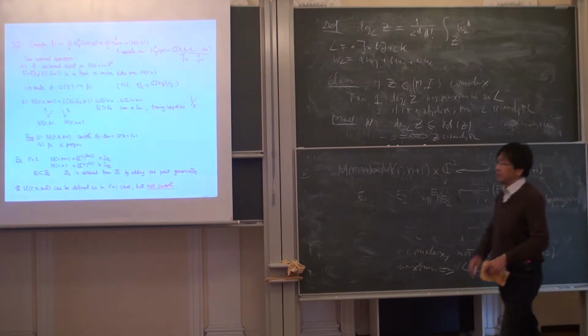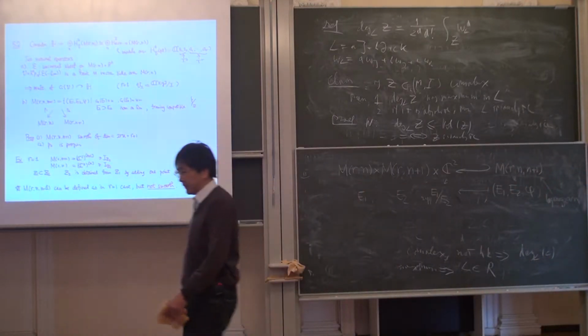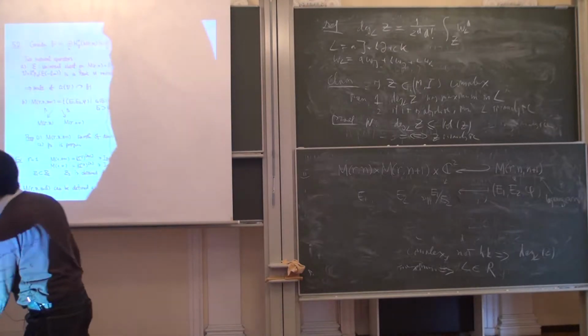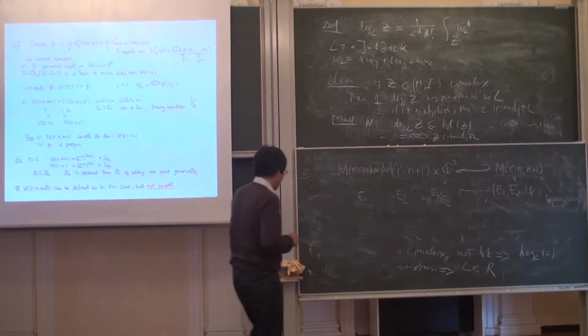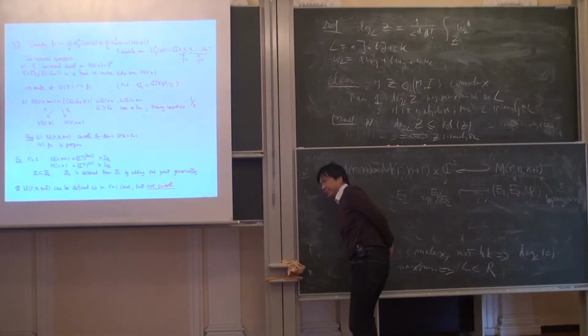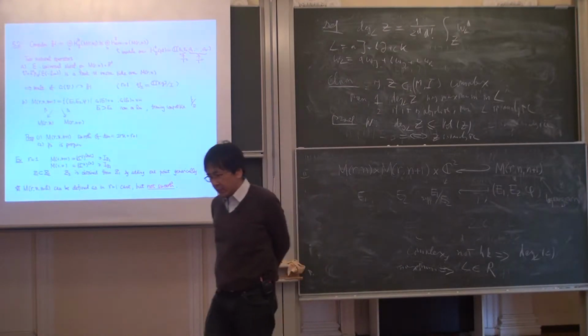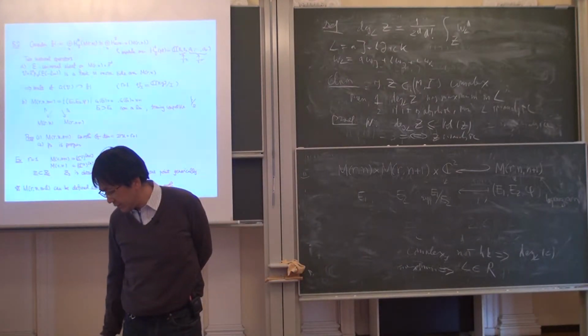So this is a very natural operator from this point of view. But the first operator is also natural from a geometric point of view. So we want to study how they are related.